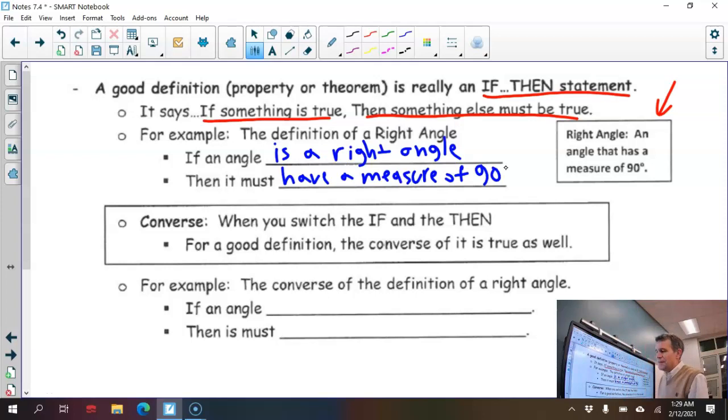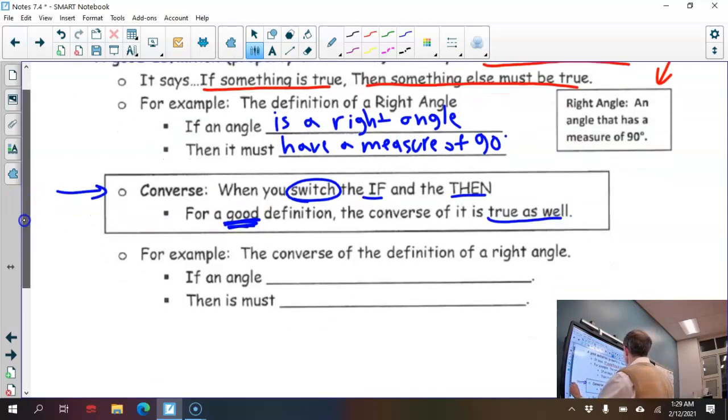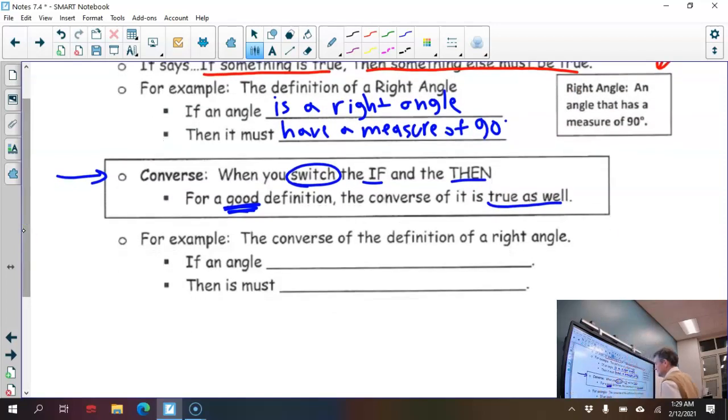All right, so if-then statements, which you will learn later in math, have what is called a converse. A converse is when you switch the if and the then. And for a good definition, the converse of it is true as well. Let's go over the right angle definition with that.